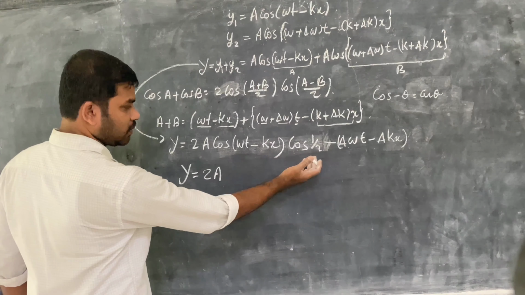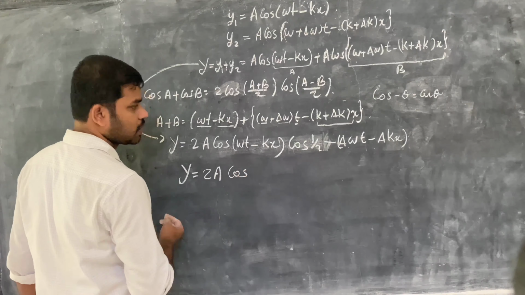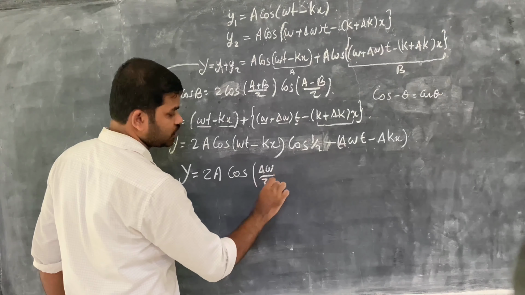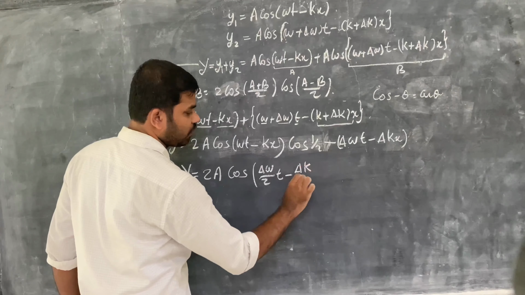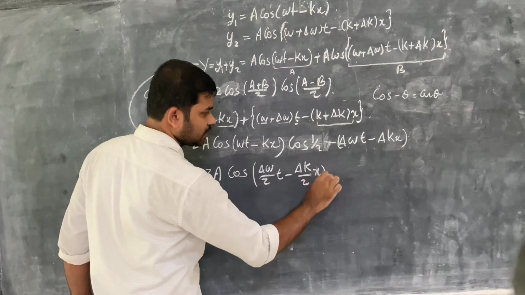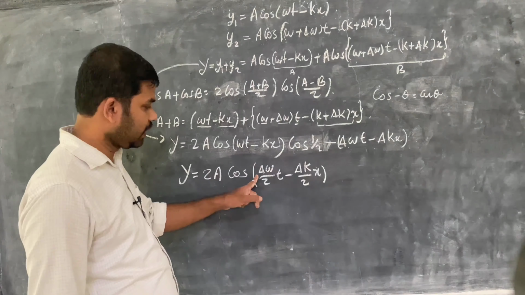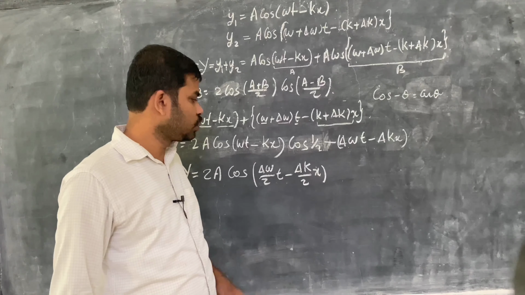So I am going to write this term first, that is cos(Δω/2 t − Δk/2 x). I am applying the half to each term, that is Δω divided by 2 into t minus Δk divided by 2 into x.